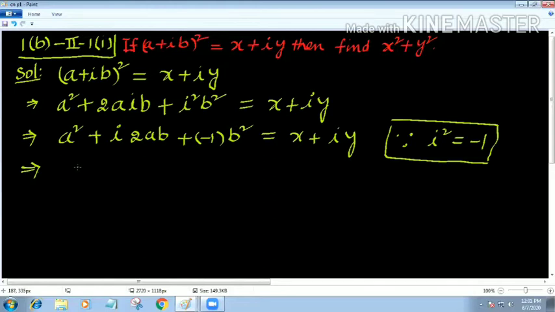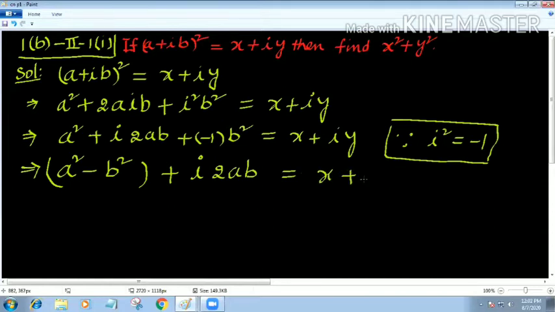Now in the left side, separating the real part, a square minus b square, I am writing a square minus b square together. So this is the real part plus the imaginary part, i into 2ab. The right side is as it is.